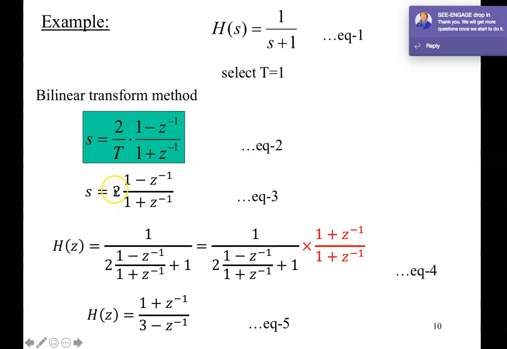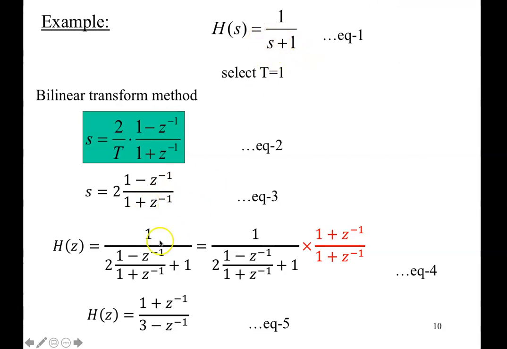So multiply that 2 by this, and then you replace that s in equation 1 by equation 3. So this goes into here. That becomes 2 times 1 minus z^-1 over 1 plus z^-1, then plus 1.